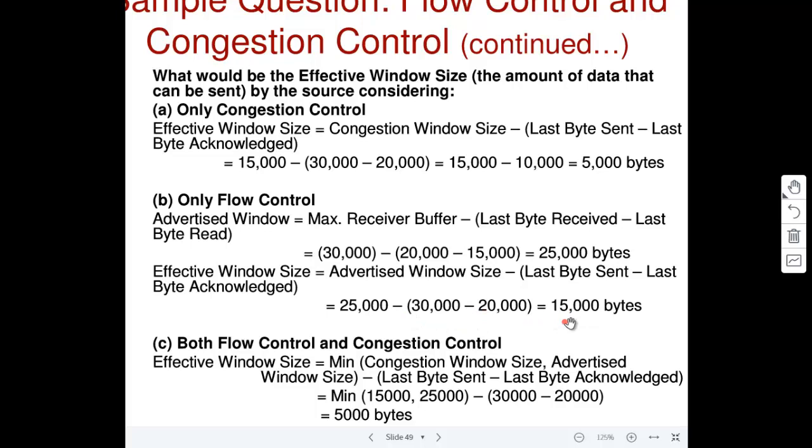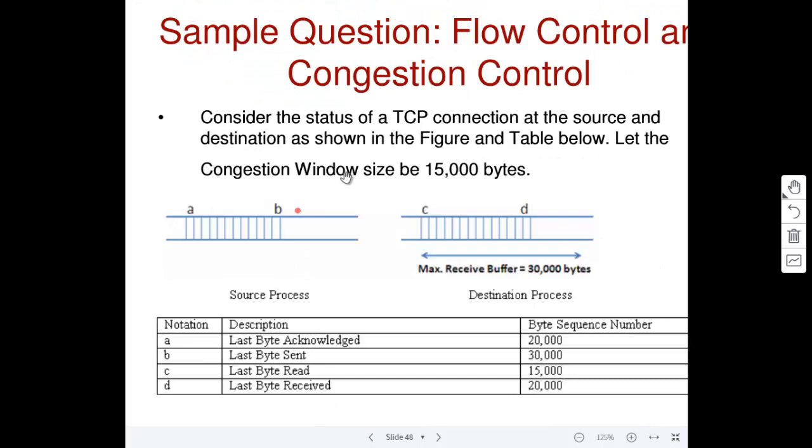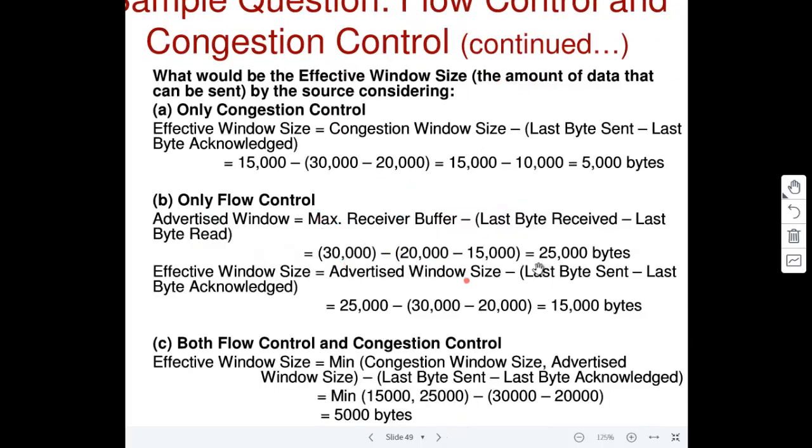Okay, so now we have to consider both flow control and congestion control. That means we have to take the minimum of the congestion window size and advertised window size. The congestion window size is given as 15,000 bytes, and the advertised window is what we found out from the second part as 25,000 bytes.